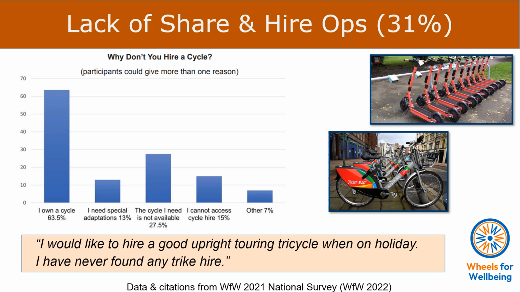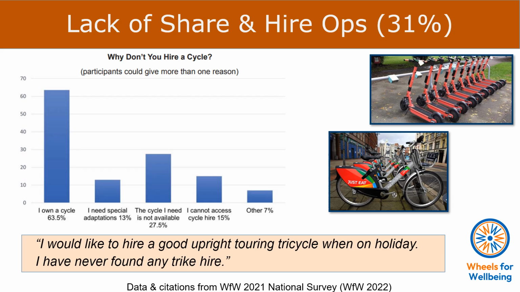So the pictures on the slides show the standard bike or e-bike share schemes, which do offer standard two-wheel bicycles, as well as e-scooter hire, which again only provides a standing two-wheel vehicle. Neither type of vehicle is particularly accessible for many disabled people. So the lack of non-standard cycles or adaptations to cycles available on these low-cost share and hire schemes made a significant barrier for disabled people.